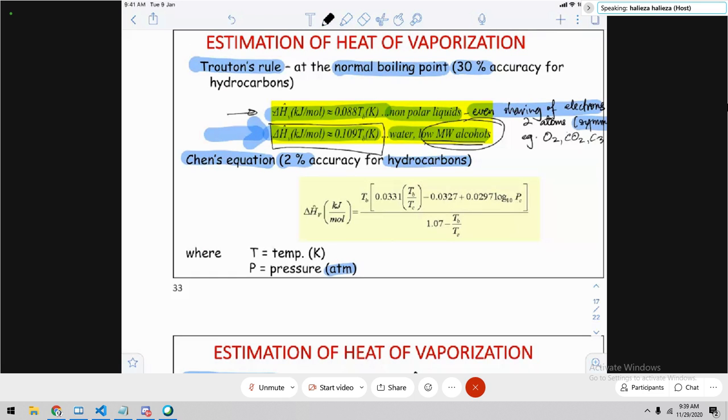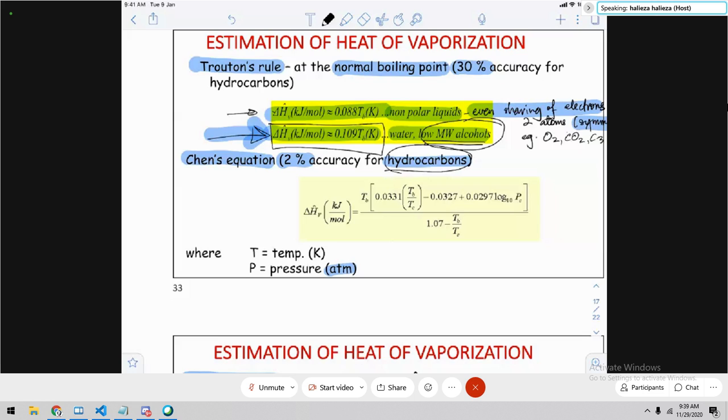Why? Because the Chen equation is specifically for hydrocarbon, while Trouton is good for low molecular weight alcohol. So the calculation for methanol just now is better off using Trouton compared to the Chen equation.